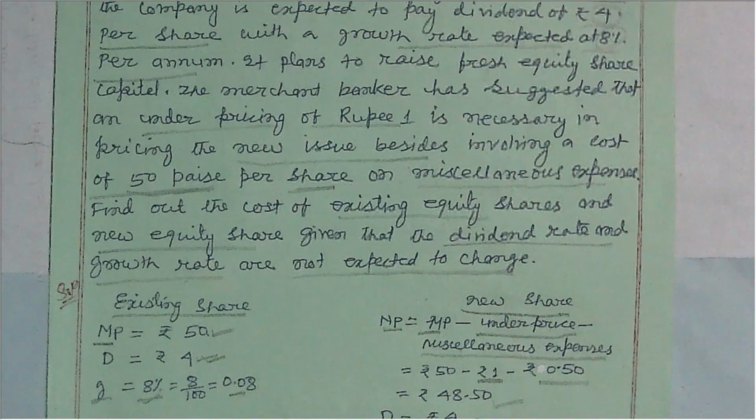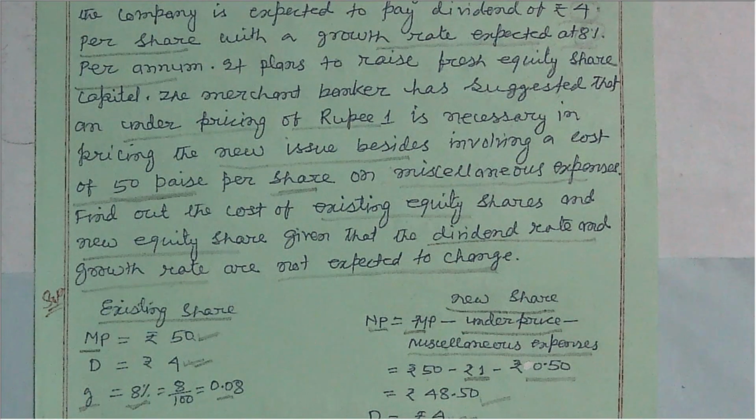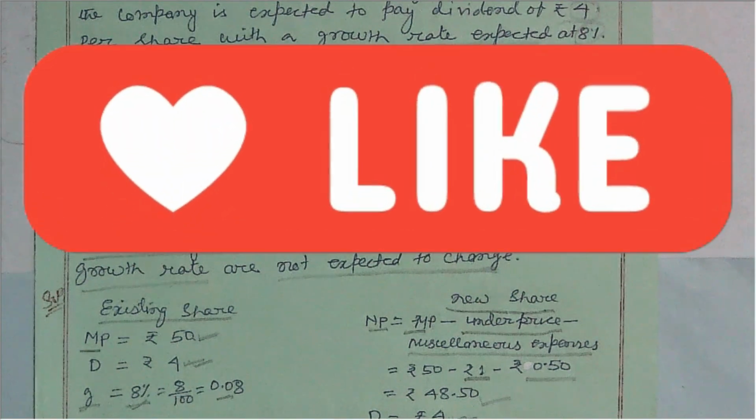Now, using this question to solve the problem, the company is expected to pay a dividend of rupees 4 per share.